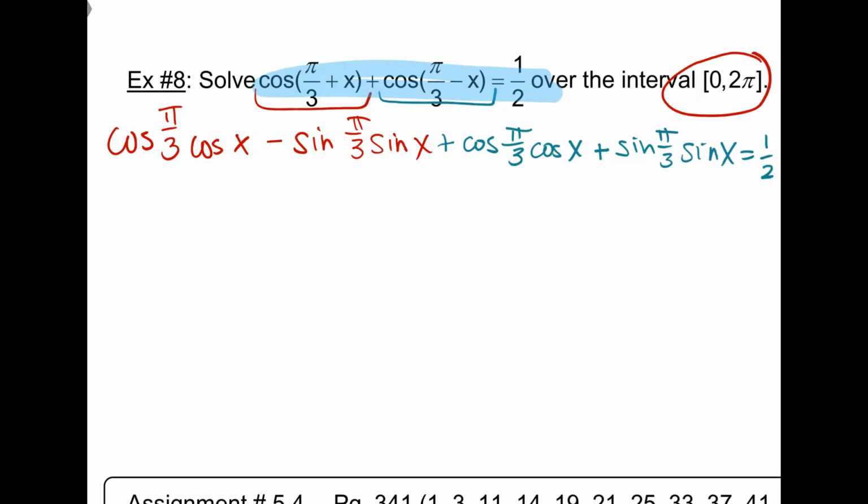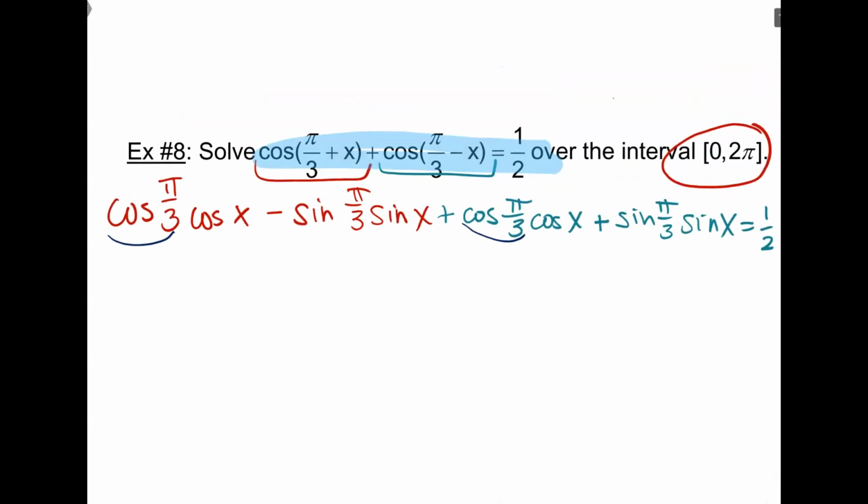Now let's see if we can combine any like terms. Maybe not. Okay, let's go through it. What is cosine of pi over 3? Cosine pi over 3 is cosine of 60 degrees, which is 1/2.